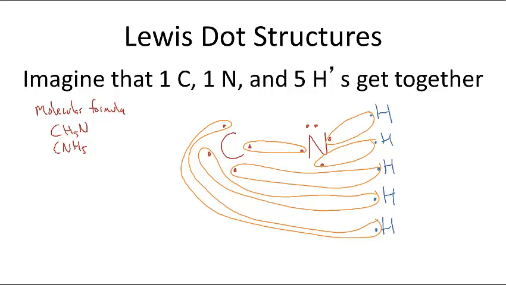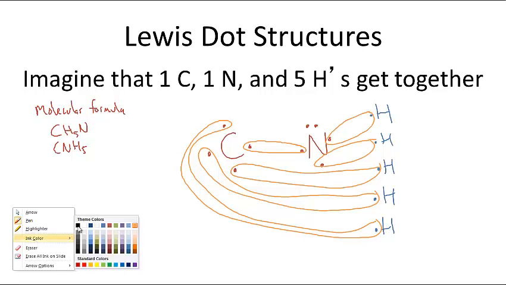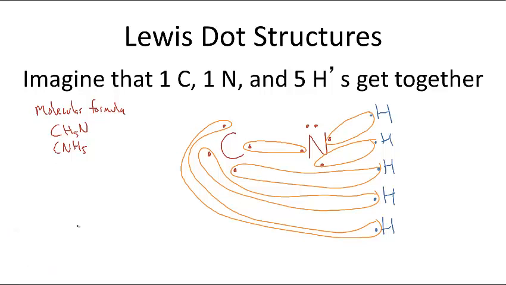Now, that looks sloppy. In fact, I can't even look at that and understand what's going on. So what we do instead is we put it all together. So that carbon and nitrogen now, I have carbon, and there are 2 electrons making a covalent bond between the carbon and nitrogen. I have the 2 dots on the top of the nitrogen that were there before. If I look at these 2 here, well, I have 2 electrons between the nitrogen and the hydrogen.